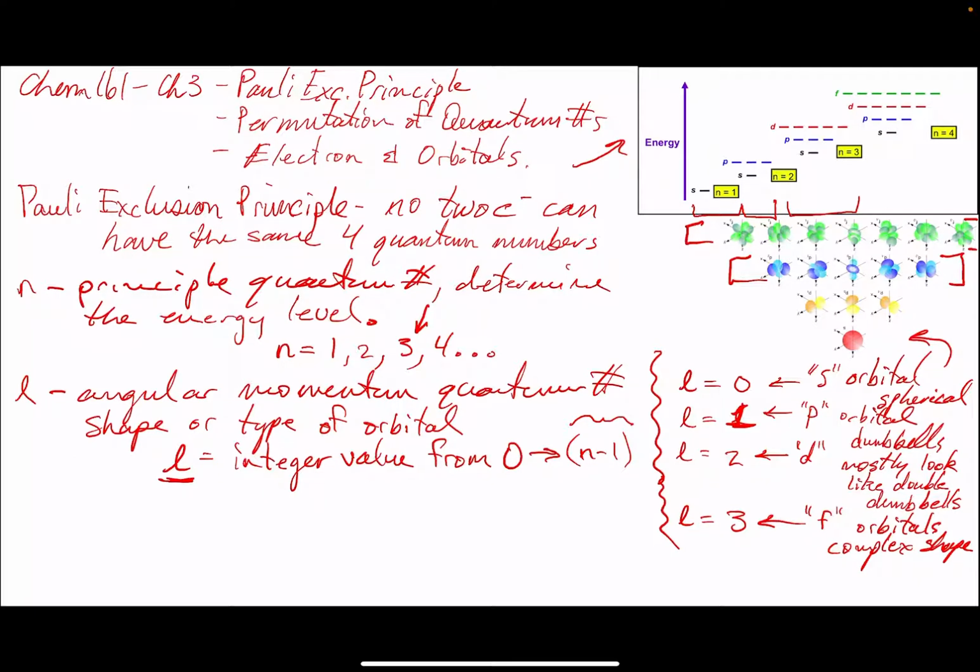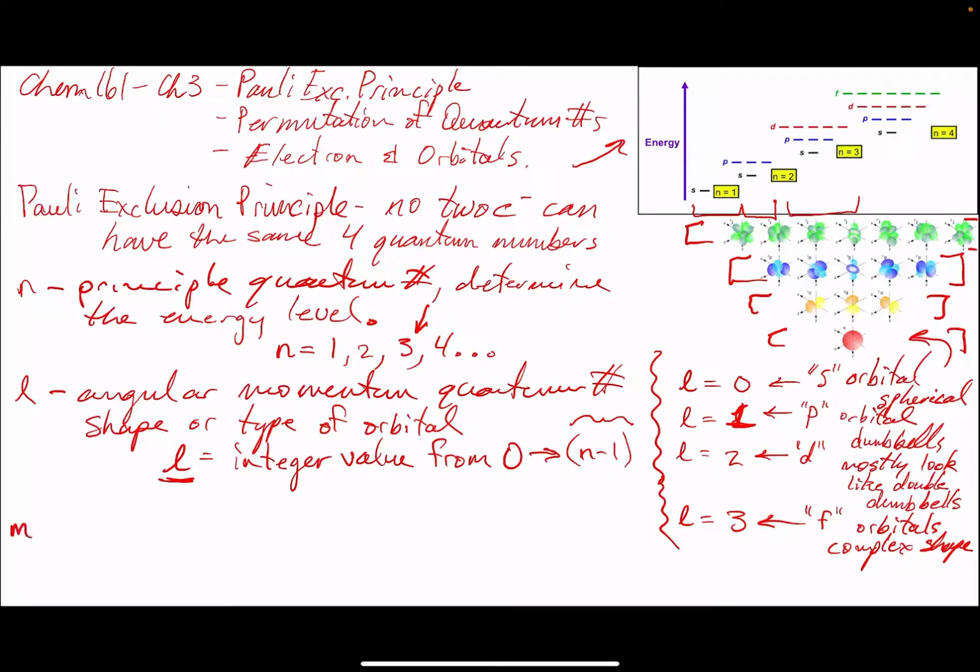Okay, so already the l quantum number, the angular momentum quantum number, is specifying different shape options for the wave that is the electron in the quantum mechanical model for the atom.